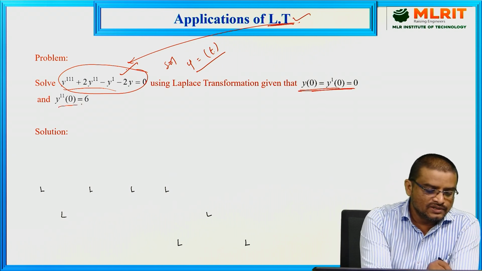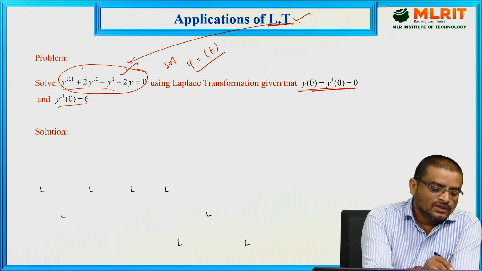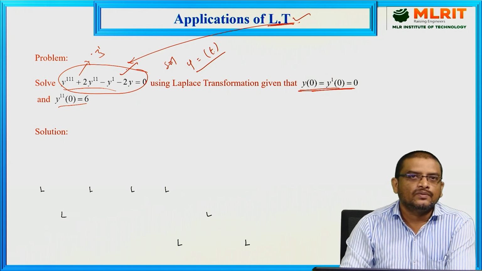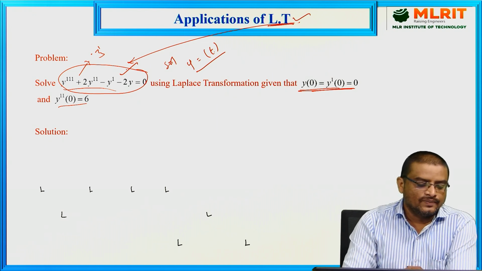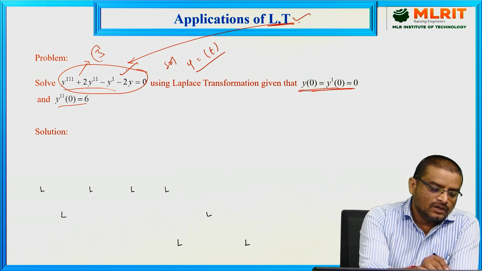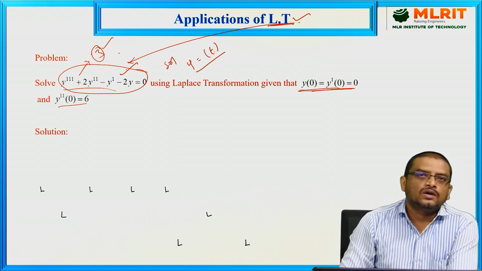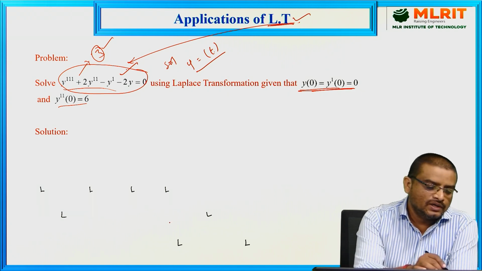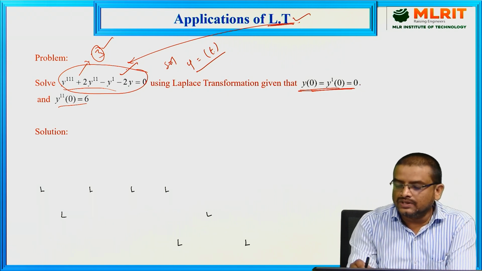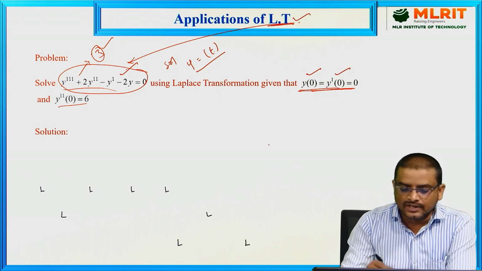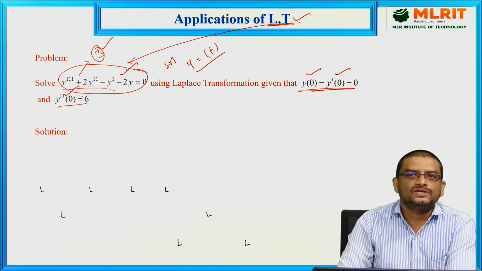So how many conditions do we want here? This is a differential equation of order 3. y triple dash is the highest derivative, the third order derivative of the given y. So the number of conditions must be equal to the order of the differential equation. The order is 3, so we have to get 3 conditions: y of 0, y dash of 0 and y double dash of 0.